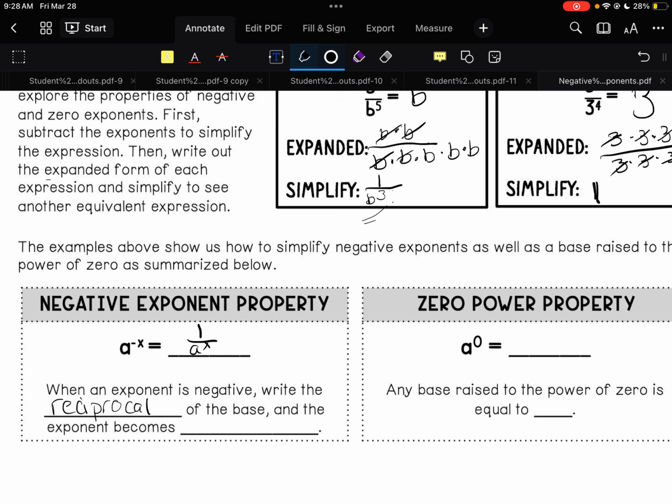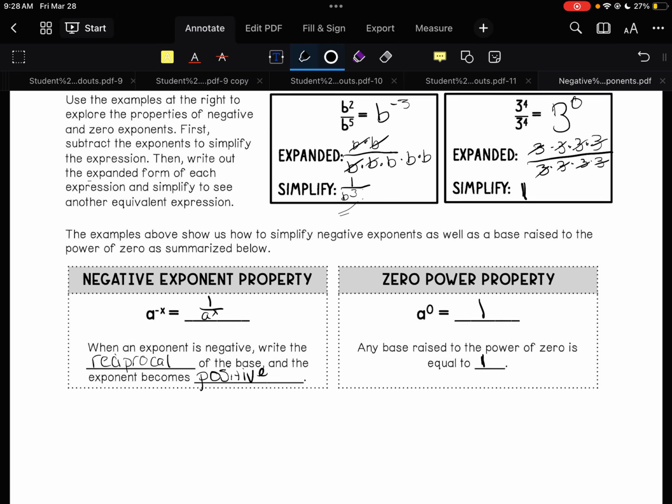Remember from multiplying fractions, when we flip it, we put it over 1 when we have a whole number. So you flip the base, and the exponent becomes positive. If we have a fraction, we actually flip the whole fraction. But when we have a whole number, we just put it 1 over. And then a to the 0 power is 1. Any base raised to the power of 0 is 1.